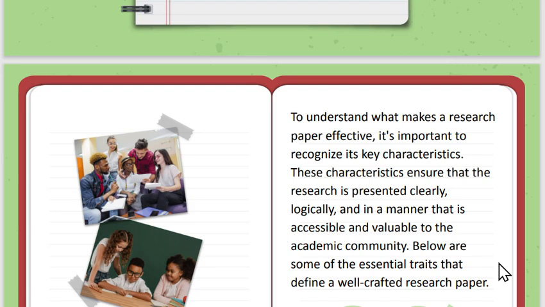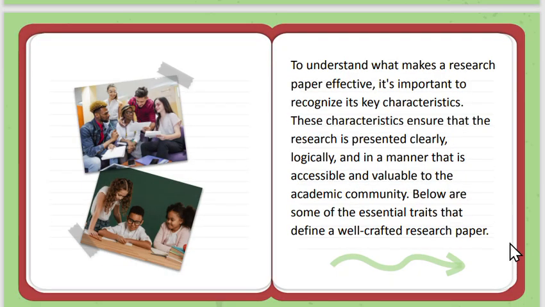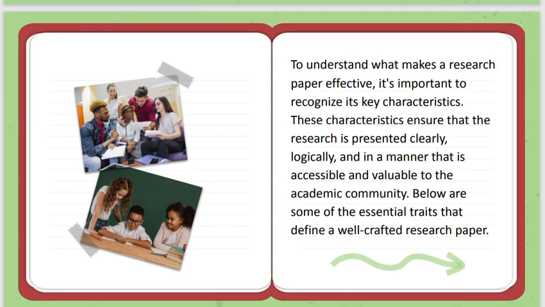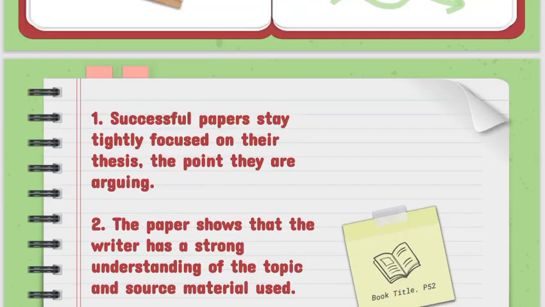To understand what makes a research paper effective, it is important to recognize its key characteristics. These characteristics ensure that the research is presented clearly, logically, and in a manner that is accessible and valuable to the academic community. Here are the main characteristics of a good research paper.